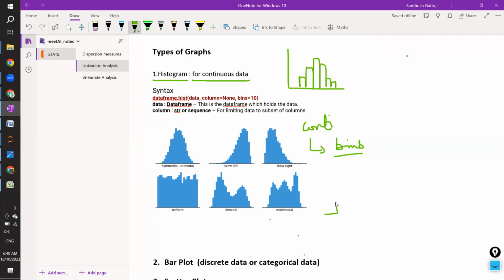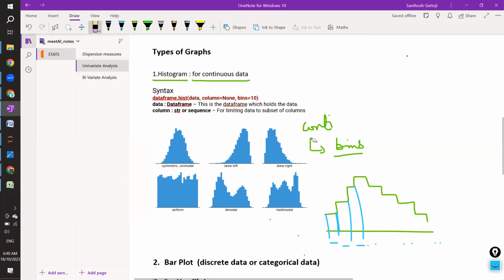All of this is one bin, and from here to here is another bin, and this will be another bin. Bin 1, bin 2, bin 3, like that, guys. So this is how a histogram looks.